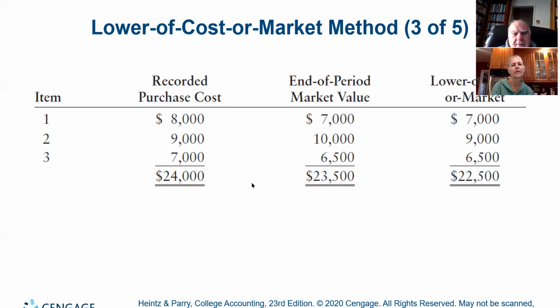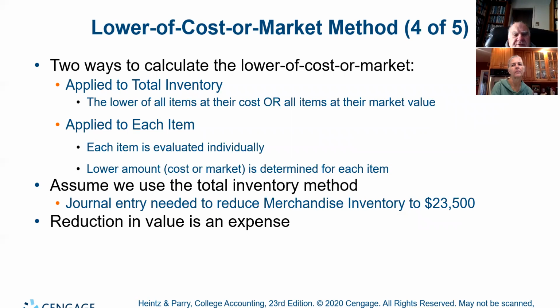Two ways to calculate lower of cost or market. Apply it to the total inventory: the lower of all items at their cost or all items at their market value. I'm not going to go over this much here. What they're talking about is aggregate. Companies have a lot of part numbers.